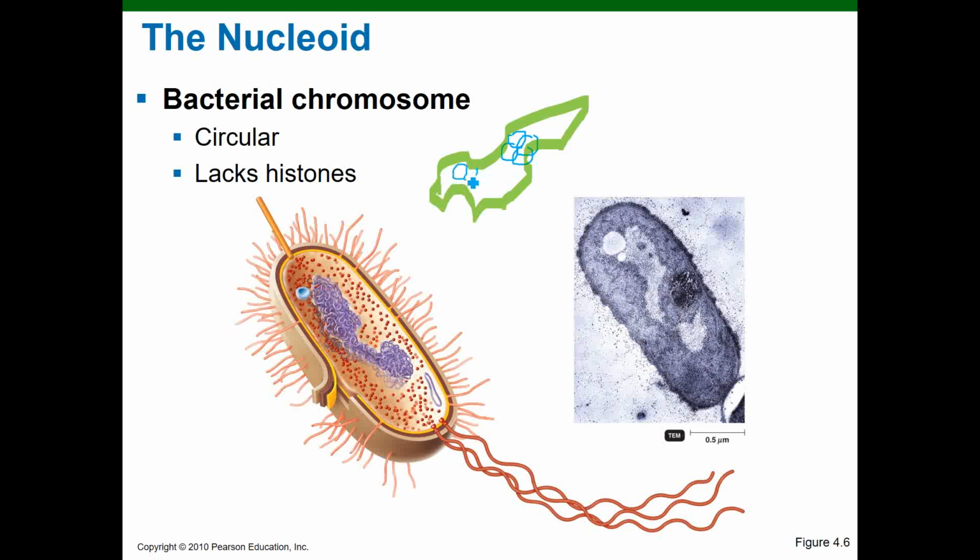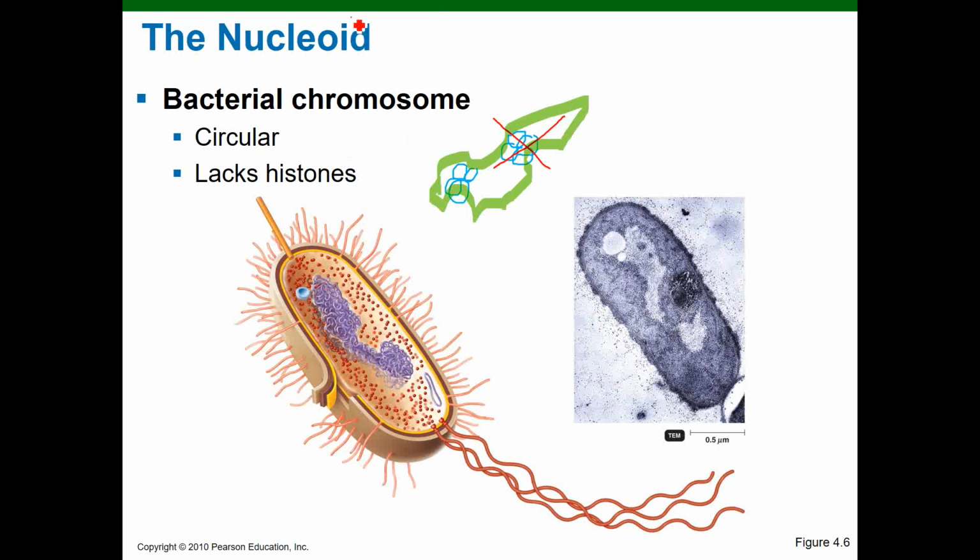Those special packaging proteins, because we have so much DNA, we have several pairs of chromosomes. Each of those are composed of massive amounts of genetic material. Histones are really essential for helping eukaryotic cells package and organize their DNA. So prokaryotic cells do not have these packaging histones. They have less genetic material to deal with, so they just kind of plop it all together.